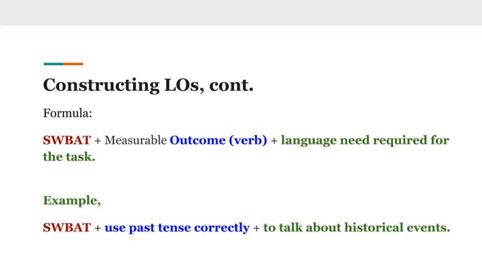And the measurable outcome is the use of past tense correctly. That's what the students are evaluated on at the end of the activity. And as part of your job, then you would work with the students to make sure they know how to construct past tense correctly so that they can talk about historical events.